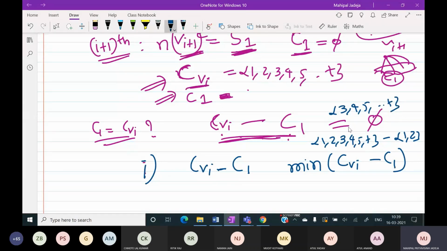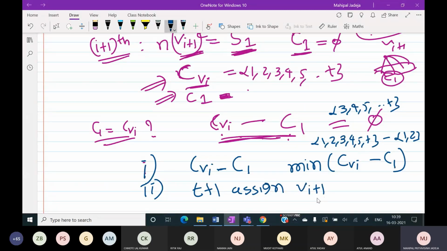That is the idea, if the answer of this set difference is not empty. If the answer is empty, then we will consider one new color and assign it to Vi plus 1. Okay, it seems slightly complicated, but it's not.